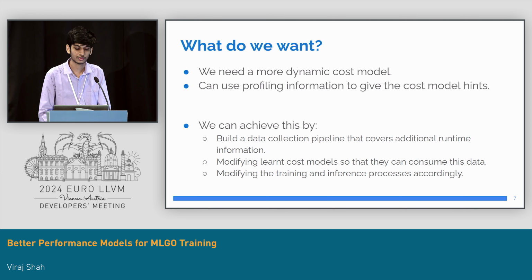So we're looking at using a learned basic block cost model and augmenting it to be able to use this extra information about what kind of non-ideal behavior we're going to see out of the block being processed, which involves, for one, building a data collection pipeline that covers additional runtime information, then modifying the basic block cost models to allow processing this data, and then finally modifying the training and inference processes in terms of learned cost models to actually make use of this data.